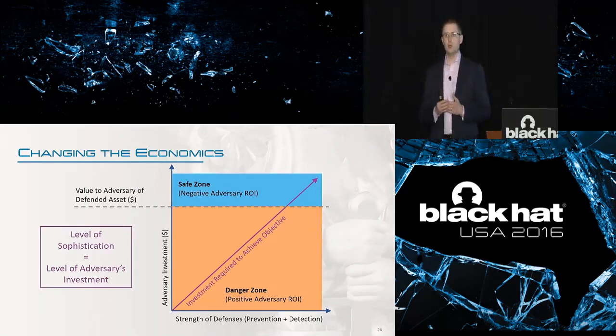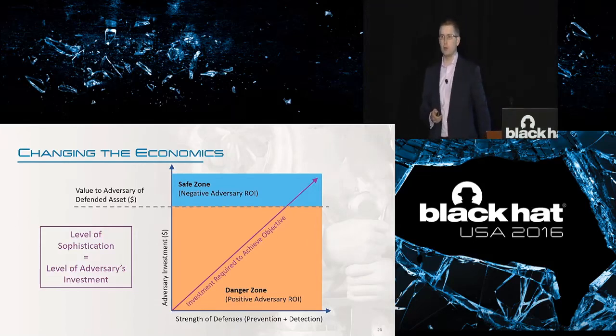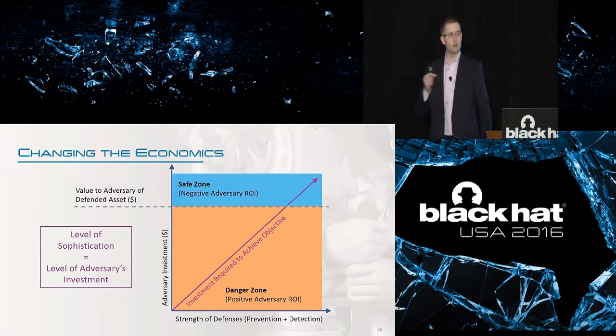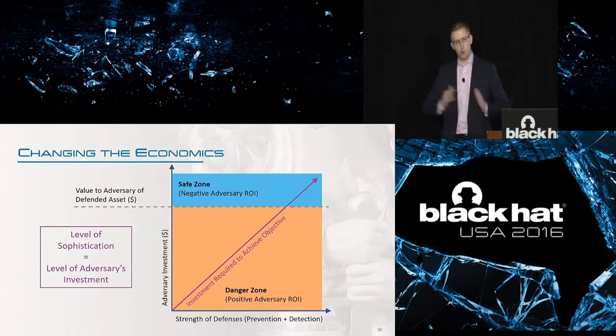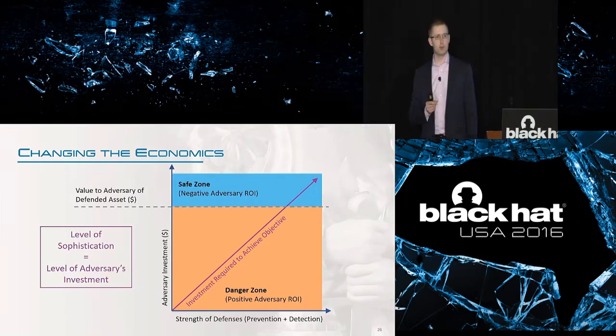So we don't need to call it game over just because an adversary has access to the internal network. If we understand the additional steps that they need to move through, and we can make it take as long as possible for them to move through those, and increase our chances of being able to detect and respond to an adversary who's looking to go from one stage to the next, that means that we have so many more chances to slow down and stop an adversary looking to achieve one of these damaging objectives than if we're focused exclusively on blocking them at the perimeter.